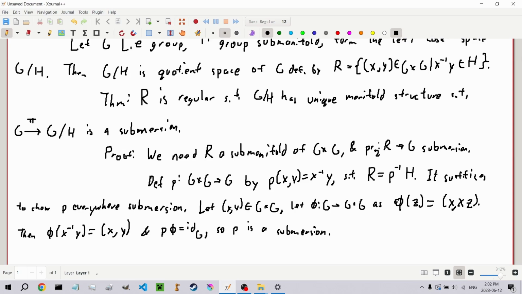So now we know that the second projection is a submersion.